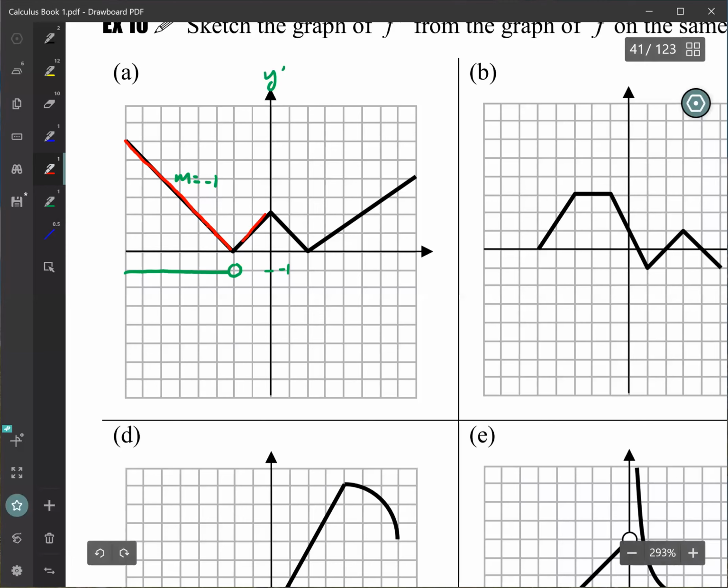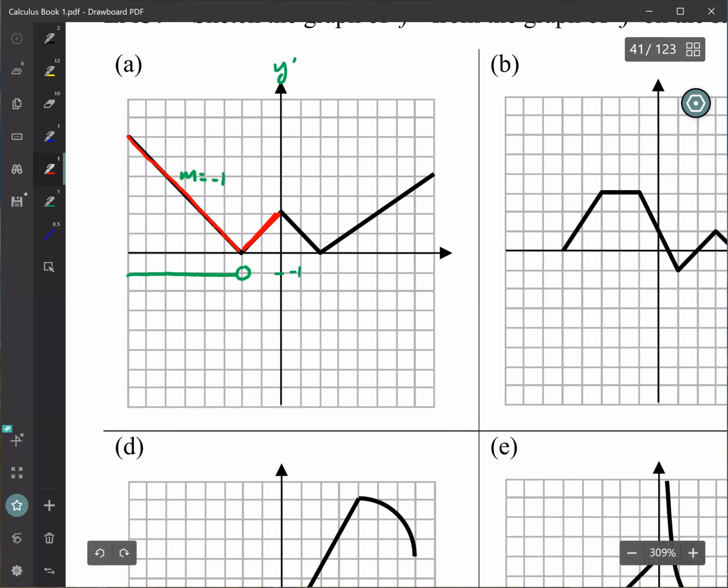The next one is here. So what is the slope of that one, Leon? +1. Okay, can you draw on the screen? Where should we draw the line then? Yeah, okay.